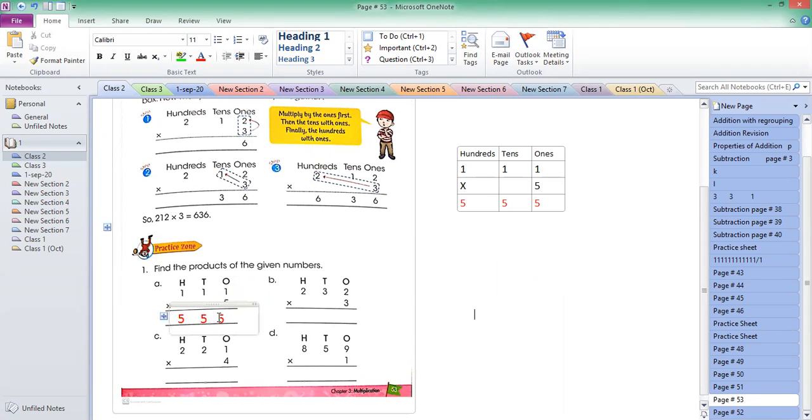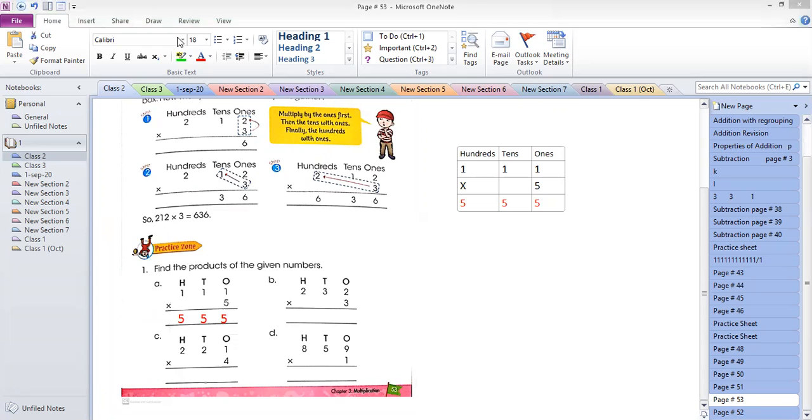This is the answer, 555. Now for question number 2, guys. Question number 2 is 232 multiplied by 3.